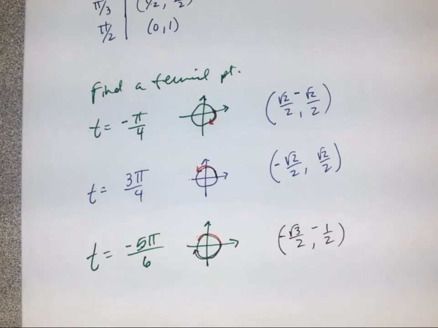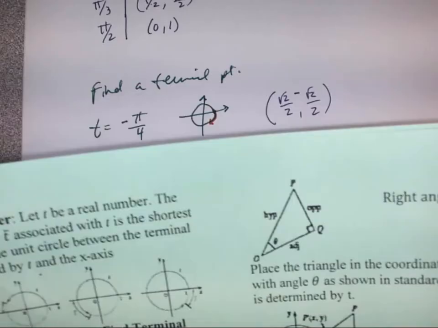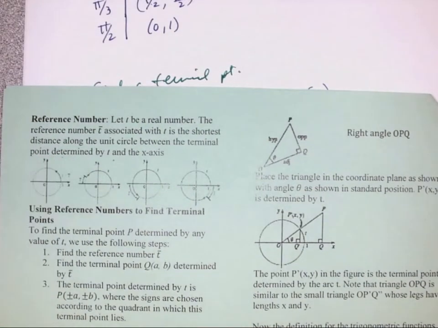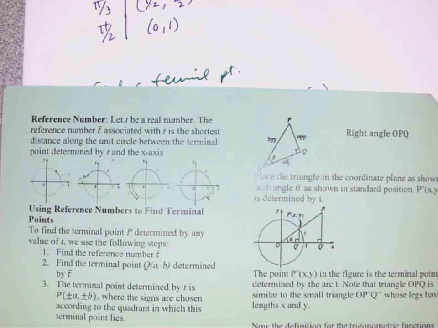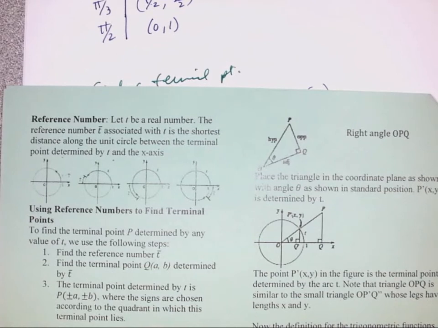So this gets us into reference numbers. So for reference numbers, let t be a real number, and the reference number t bar, it's called t bar because it has a bar over the top, is associated with t. It's the shortest distance along the unit circle between the terminal point determined by t and the x-axis.